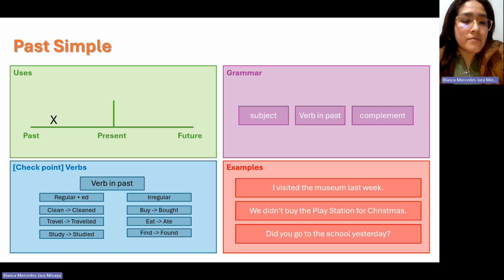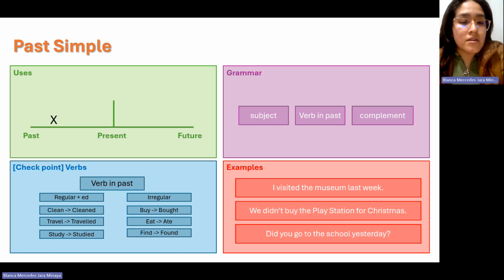The regular verbs, in their basic form, can be transformed to the past form by adding ed. For example, clean, cleaned, travel, traveled, and study, studied.